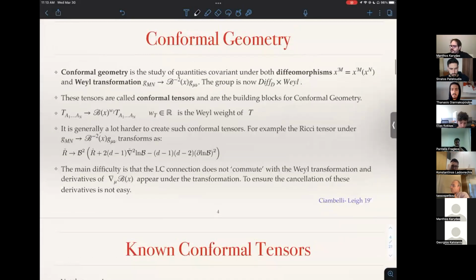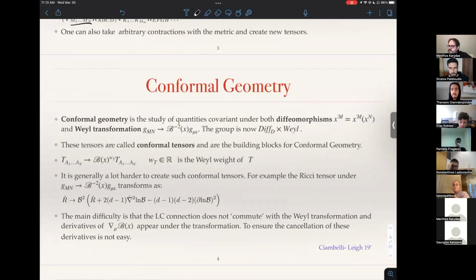Now, what is conformal geometry? Conformal geometry is the same thing with a slightly different symmetry. Again, we assume we have a manifold and a metric, or some people say we have a conformal class of metrics, but let's assume we have some manifold of dimension D and a metric.